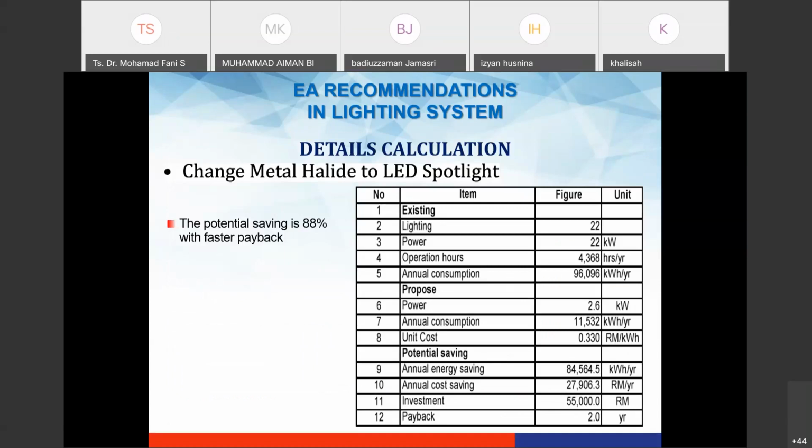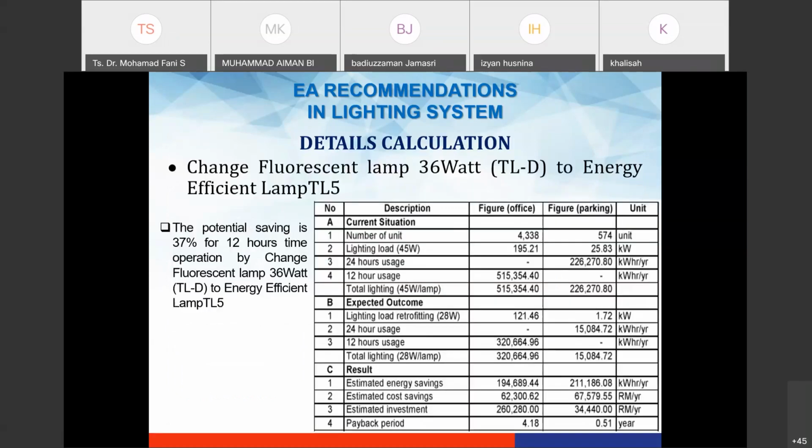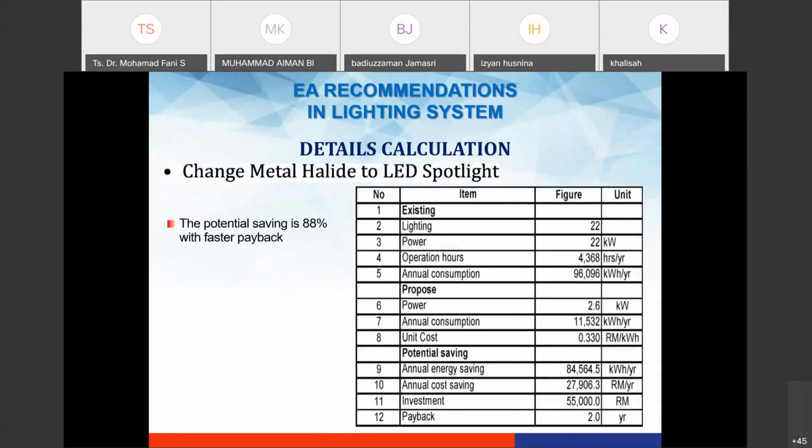Payback period. Total your spending for the investment, and you can get the total investment back during this period.